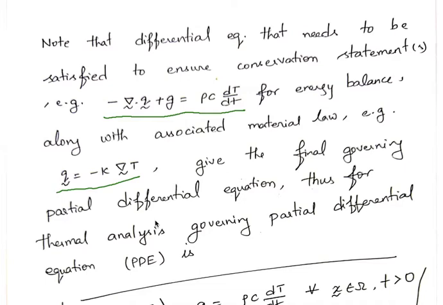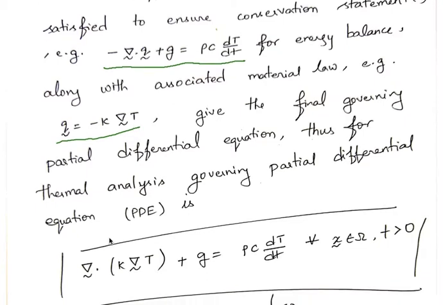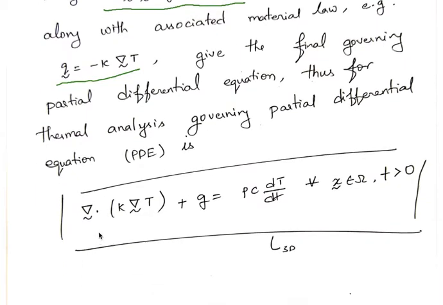For thermal analysis, I have to replace Q with minus k gradient of temperature. When I do that, my final governing PDE will be divergence of thermal conductivity times gradient of temperature plus heat generated per unit volume is equal to density times specific heat times the material time derivative of temperature with respect to time. So this will be my final governing partial differential equation.